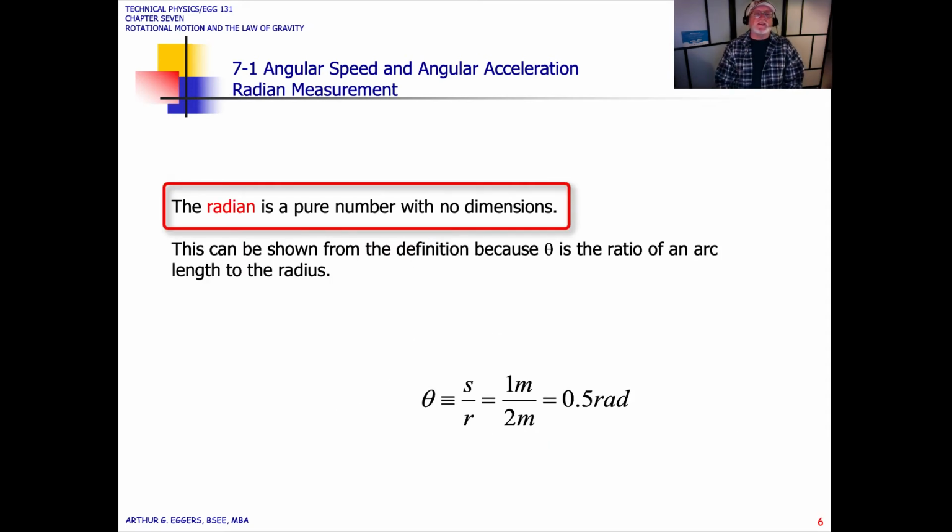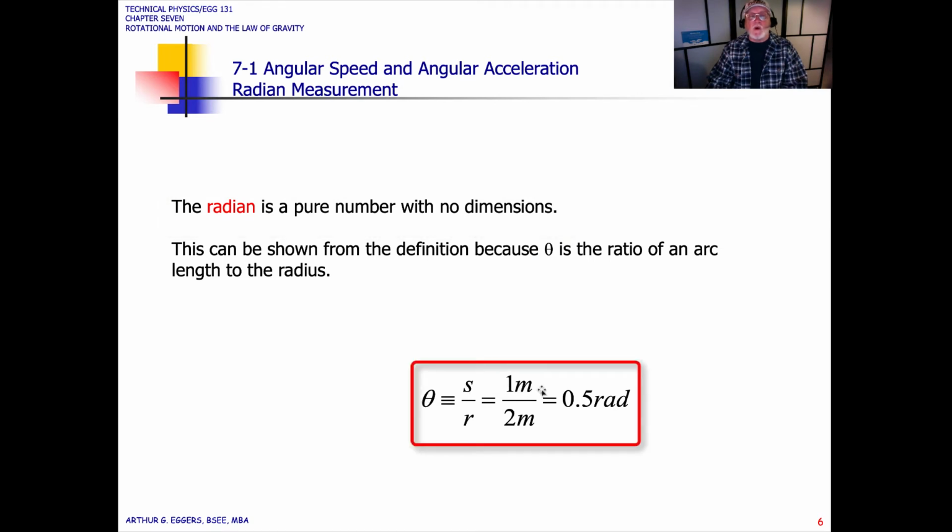So as I said, since the radian is a pure number with no dimensions, we can see that by the definition, because theta is a ratio of an arc length to a radius, if we use that definition, theta defined as arc length over radius, if that arc length were, say, 1 meter, we just picked something arbitrary, 1 meter, and if we said that the radius was 2 meters, you can see the meters units disappear because they cancel out.